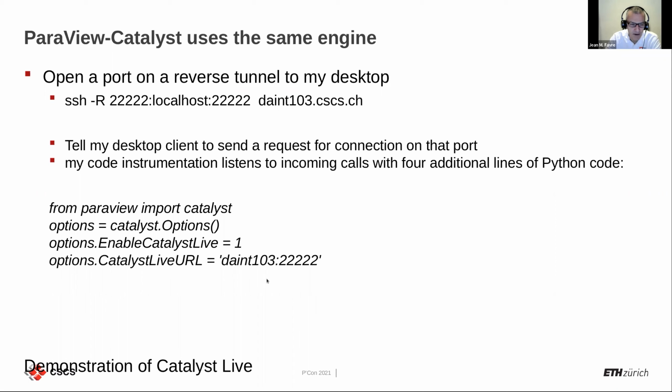And then I tell my ParaView client, using those 4 lines of Python code, to enable Catalyst Live and to look for a call on that particular address, the host name, and the particular port. And I'm going now to show you a video that I made demonstrating this connection.